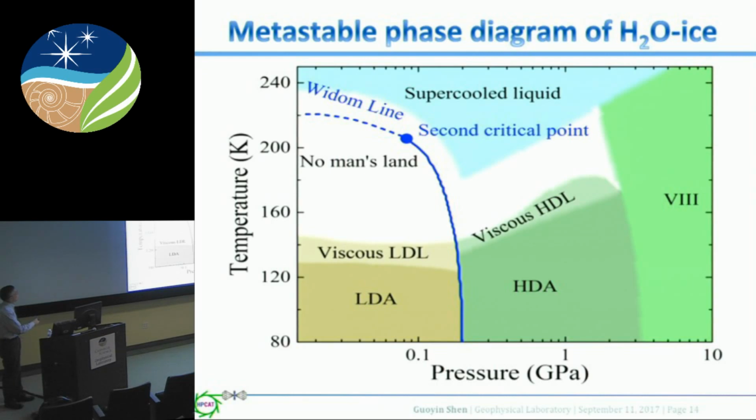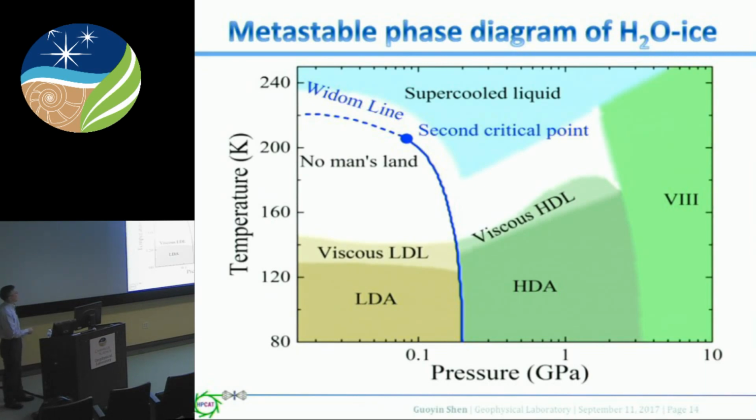If we cool down from the top, basically homogeneous nucleation happens, and the crystal grows very fast. So no matter how fast we cool down, we can probably extend a little bit, but eventually it will crystallize.